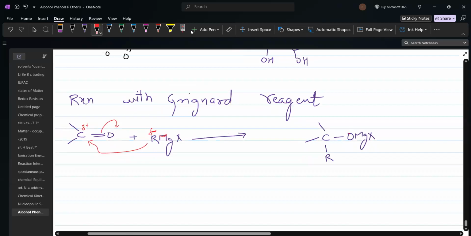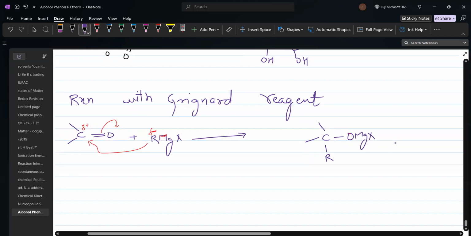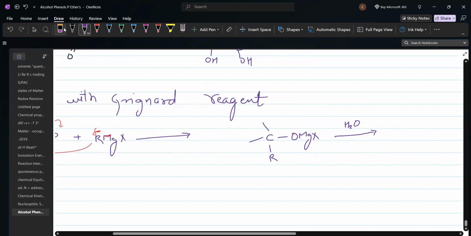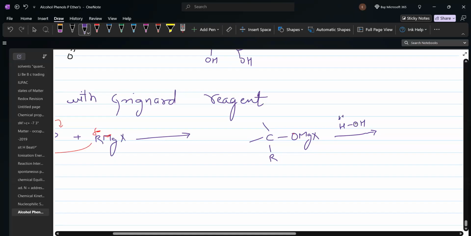Now we have to form alcohol, right? So we have H2O here. In presence of H2O, which is better written in organic chemistry as HOH, the Mg has delta positive charge because it is attached with oxygen.